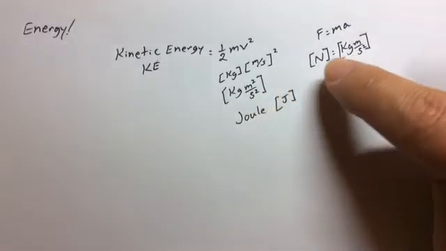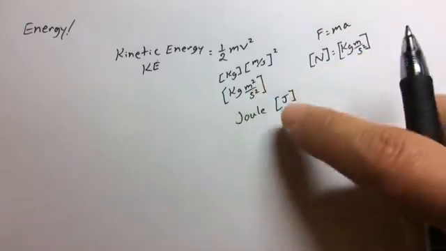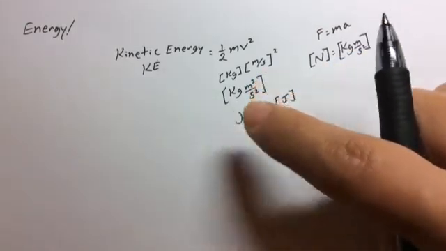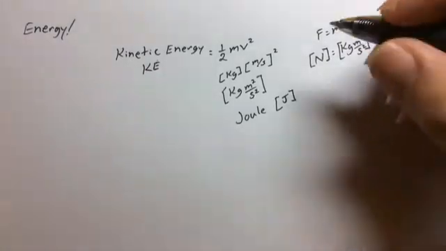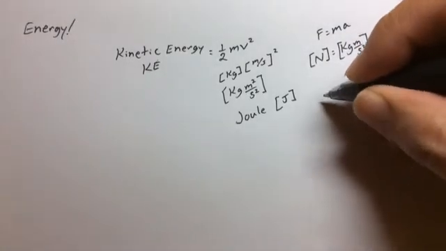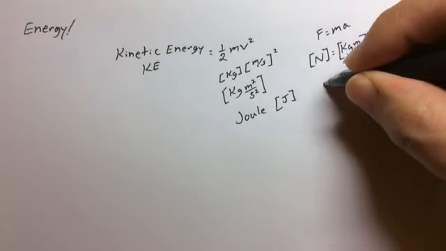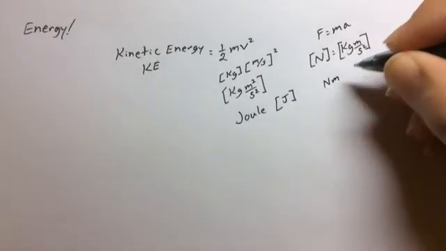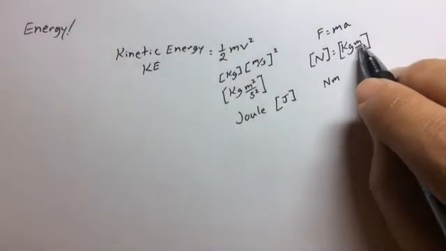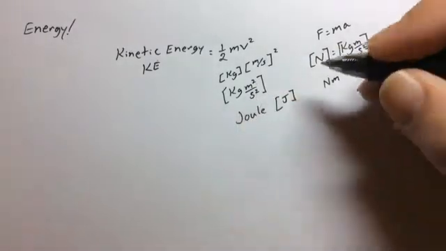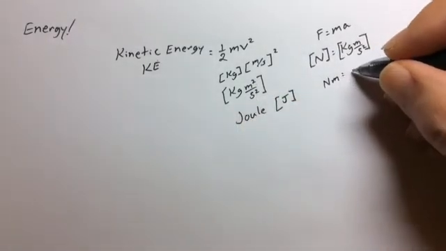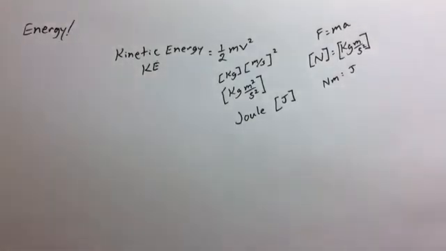Well, that's very similar, right? So what's the difference? The difference is that there's another meter here, and we're lacking one there if we want to make it the same thing. So I would take newtons and multiply it by meters, and I get kilogram meters squared over second squared. So this is actually also equal to a joule.